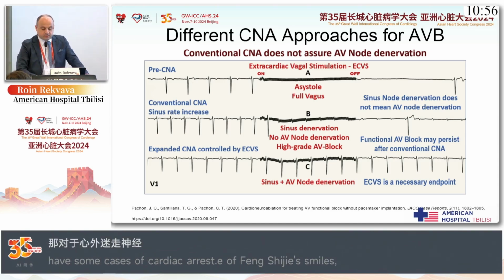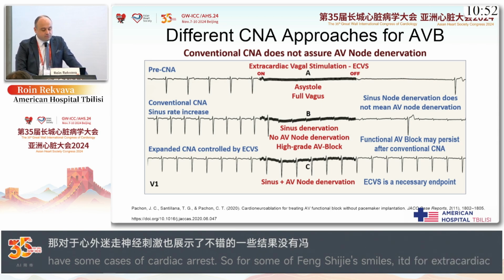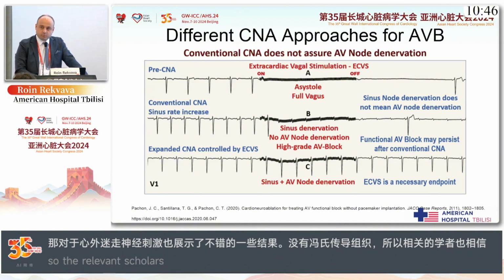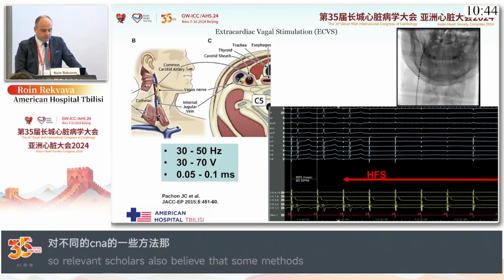So they were sure that different CNA approaches for the AV node always need extracardiac vagal stimulation before and after ablation.